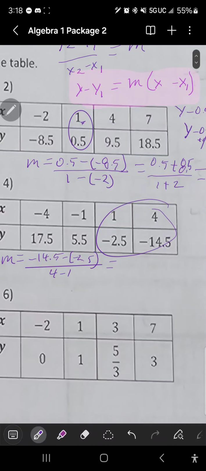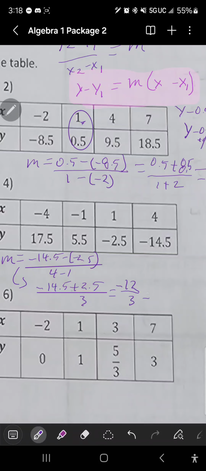So this is going to be, I'll write it right here. Yep, it's going to be negative 14.5 plus 2.5 over 3, and they have different signs, so we subtract each other and keep the sign of the bigger one. 14.5 minus 2.5 is just 12, and since the 14.5 is negative, it's going to be negative 12 over 3.